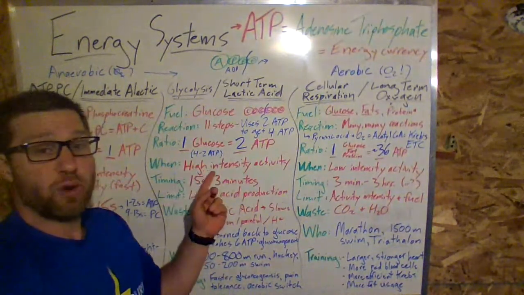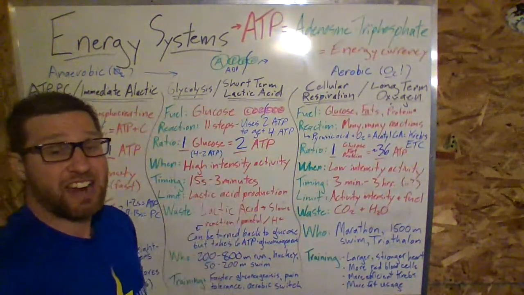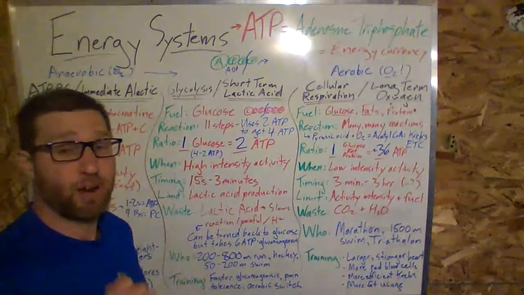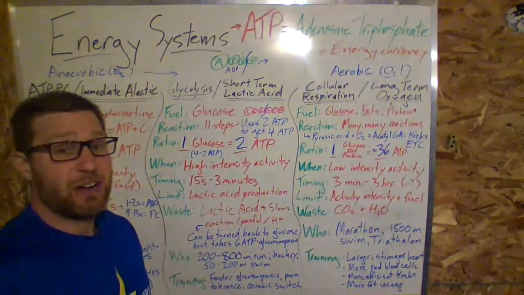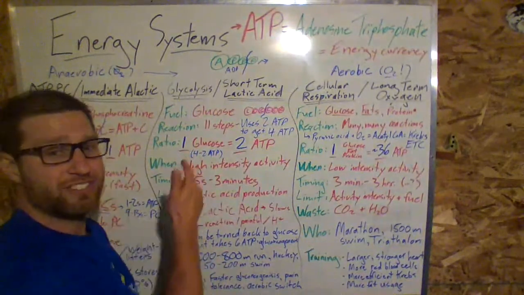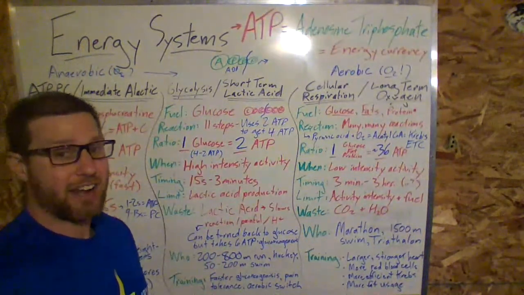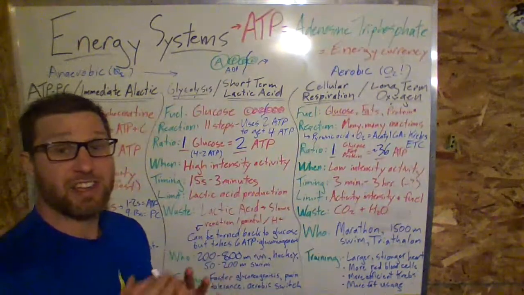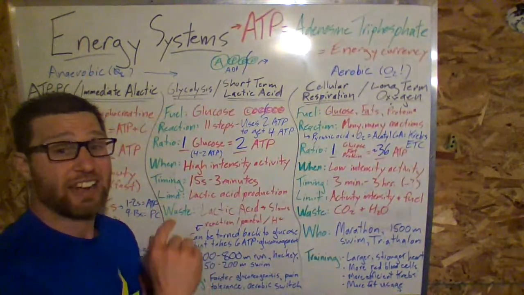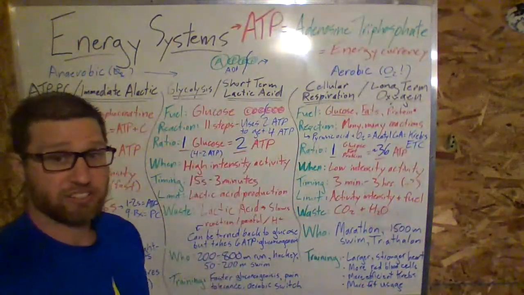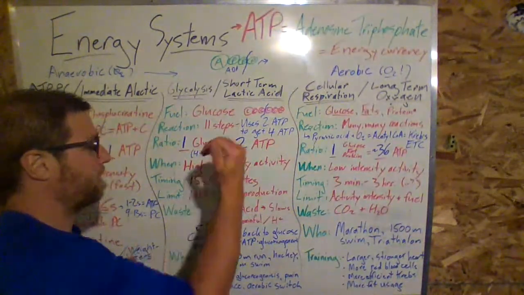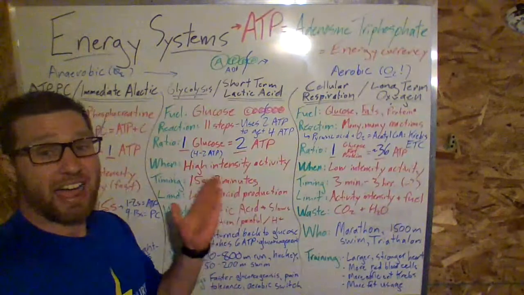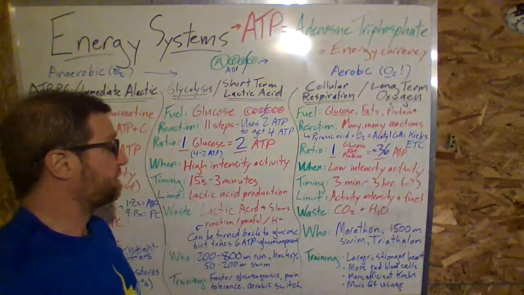You're using this when there's high intensity activity as well. So if I told you to sprint and don't stop for about 2-3 minutes as hard as you can, you'd be using this system a lot. It's for high intensity activity. If I lower the intensity, I get enough oxygen to run my aerobic system. But I'm going at such a high intensity, I'm not getting enough oxygen, so I am just using this system.